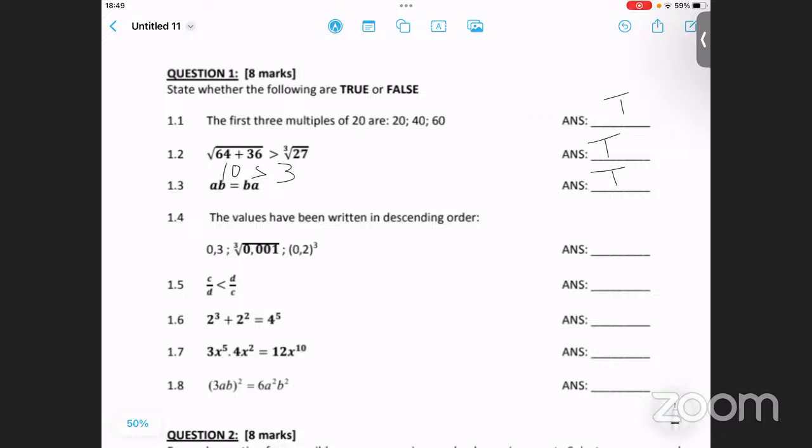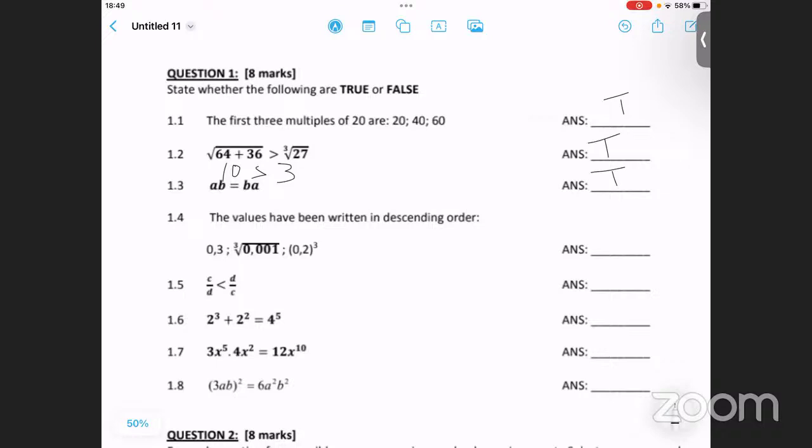So descending is from biggest or highest to smallest or lowest. Do you know the opposite of descending? Ascending, ma'am. Perfect. Now, are these values in descending order? Yes, ma'am.